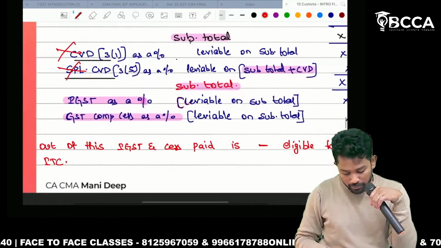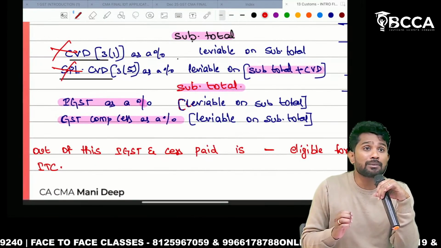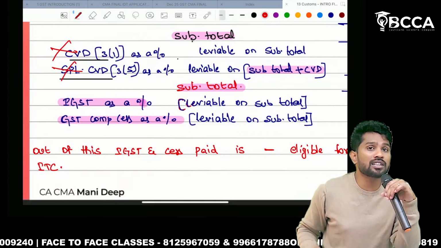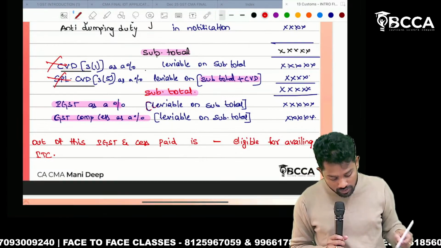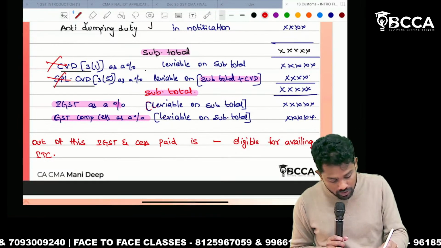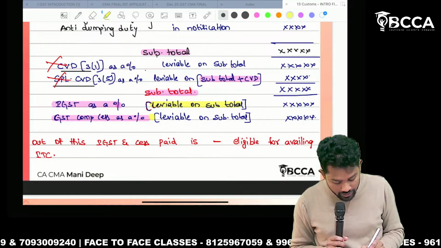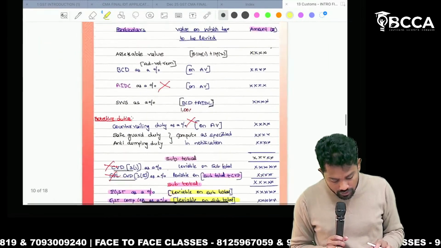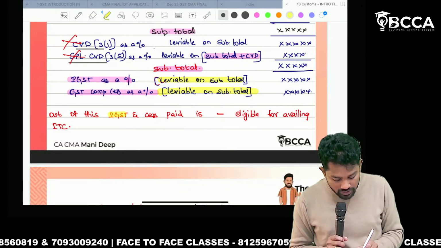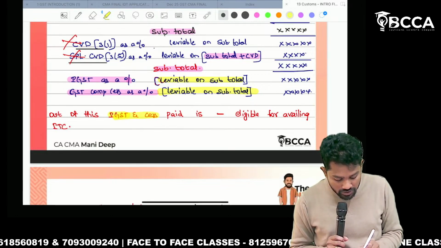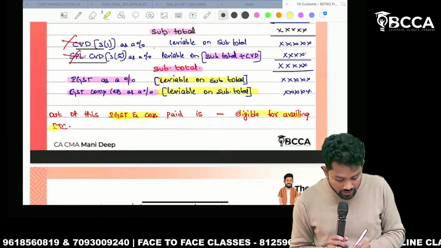Sir, you might be misunderstanding like cess means something which is leviable on tax. No. Compensation cess also has to be levied on the same subtotal on which GST is being levied. And out of these total tax calculations, to the extent of IGST and compensation cess paid, it can be availed as ITC also.